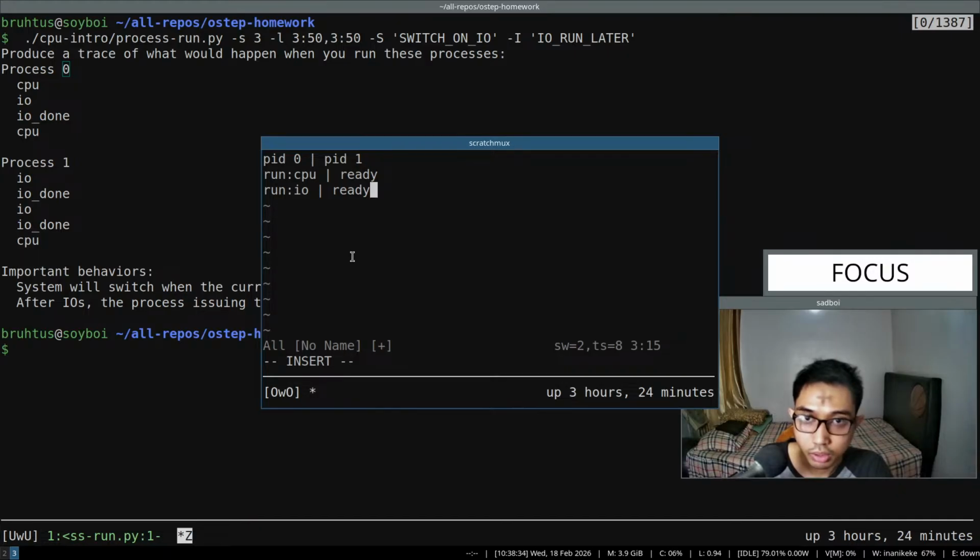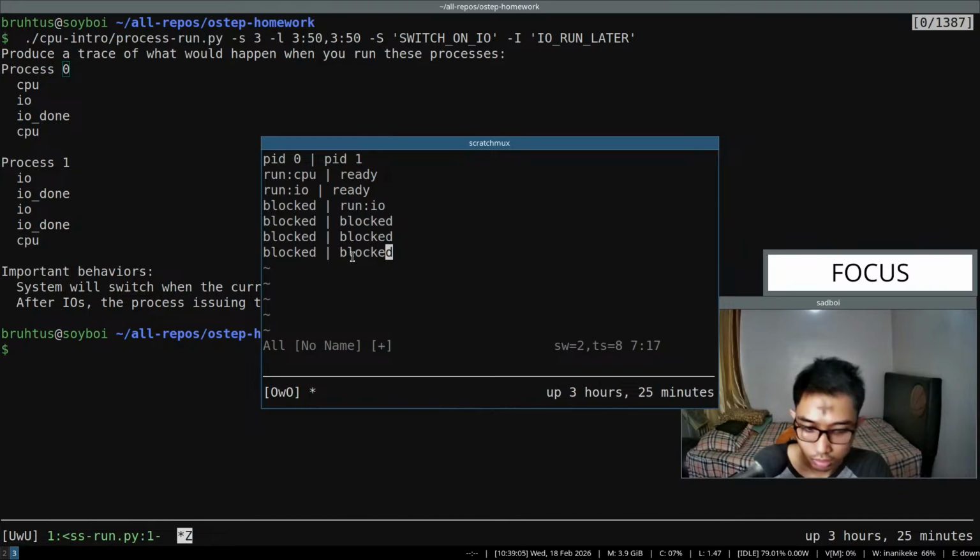I mean, I'm assuming something like this, and then block. Okay. And then what is it called? Run the input output. Okay. This one is blocked again. Right.